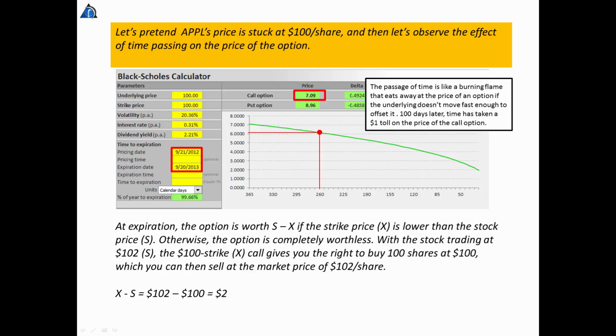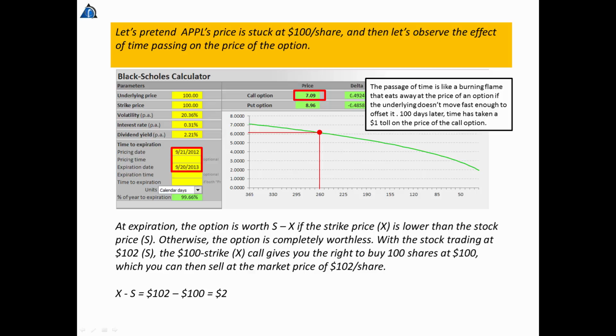For you to break even on expiration day, the stock had better be over $107. But the stock is at $102. Your call option has dropped from $709 to $200.